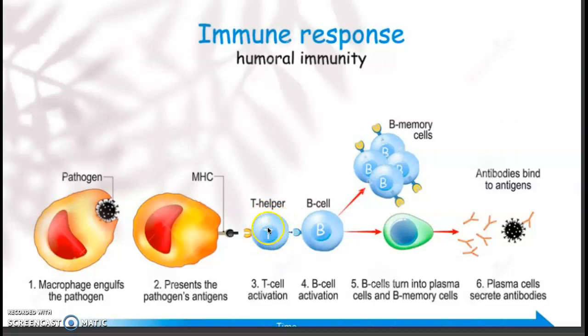Means T cells get activated. T cells help in recognition of the antigen. So here the antigen is the foreign matter, that is the pathogen, which is recognized by T helper cells.